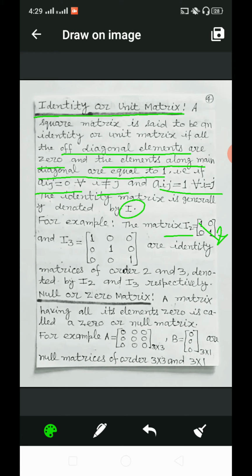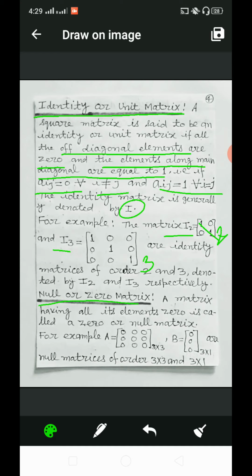Similarly, identity matrix I3, this is also a square matrix of order 3, and here the principal diagonal or main diagonal elements are 1, 1, that is unity, and off diagonal elements are 0, 0, and it is denoted by I2 and I3 respectively.